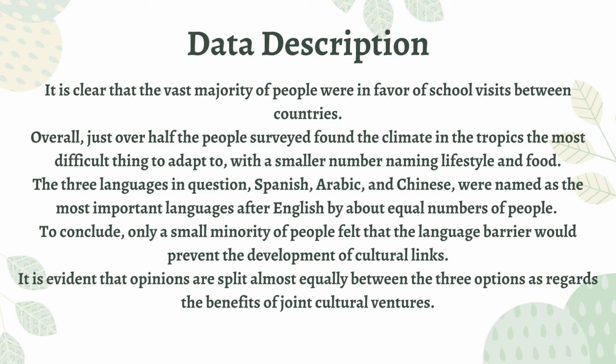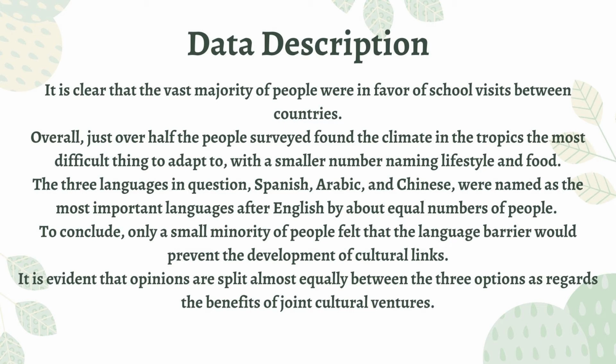It is clear that the vast majority of people were in favor of school visits between countries. Overall, just over half the people surveyed found the climate in the tropics the most difficult thing to adapt to, with a smaller number naming lifestyle and food. The 3 languages in question, Spanish, Arabic, and Chinese, were named as the most important languages after English by about equal numbers of people.